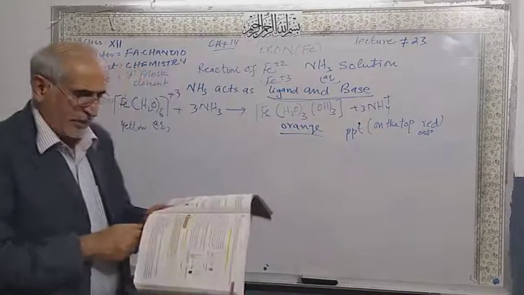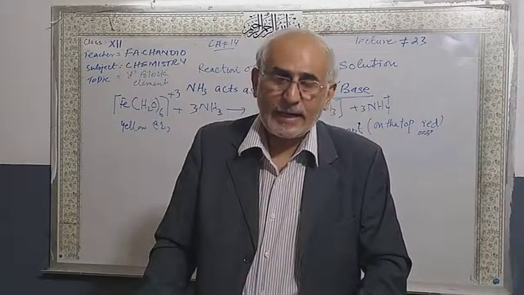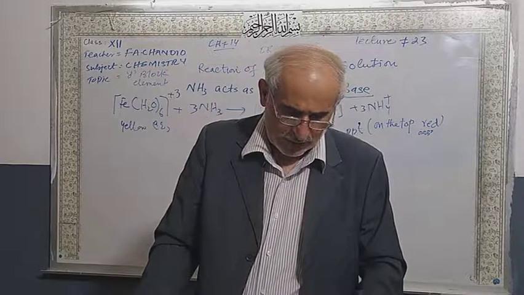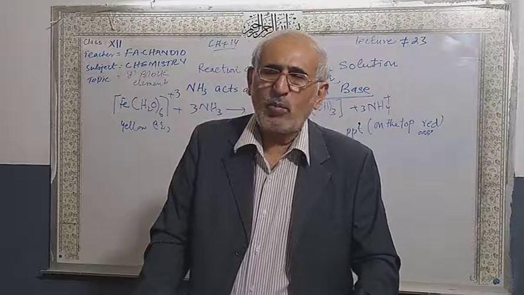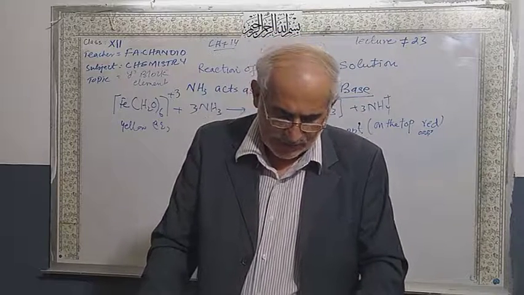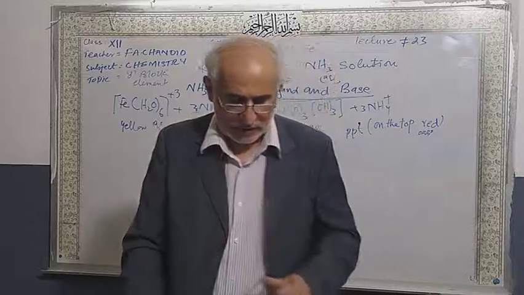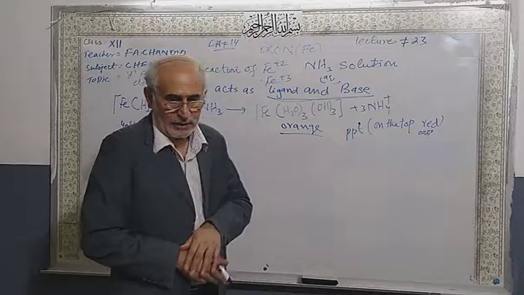A reddish iron precipitate is going to be formed here. If you see page number 84, in the test tube, yellowish hexa aqua iron 3. You add ammonia as a base, and it changes into aqua trihydroxo iron 3, and the color, as I told you, is orange.